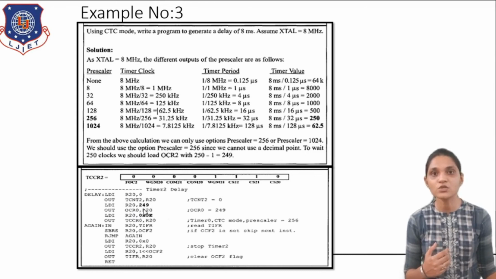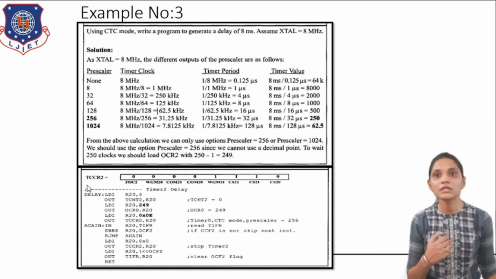These are the instructions for loading this. And then we have to load the TCCR2 register with the value of 0E. So we will load this with the 0E value by using OUT TCCR2, R20, and in R20 we have already stored 0E.